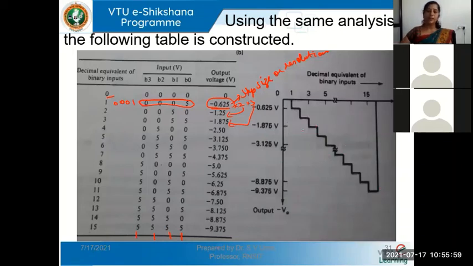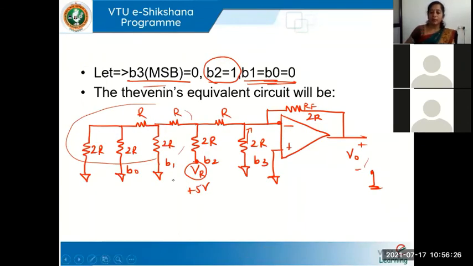There will be a 16-step staircase waveform, which can be easily generated using a mod 16 counter in the lab. If I connect a mod 16 counter 7493 to the output of the DAC, the R2R ladder you will design in the lab, and to the output resistors, wherever we have the two R's, I can connect these two R's to the output bits of a counter.